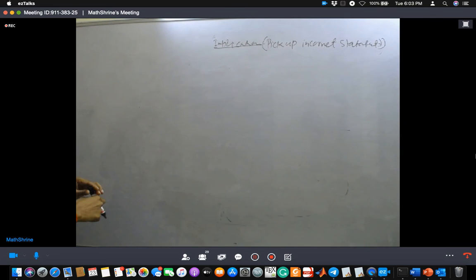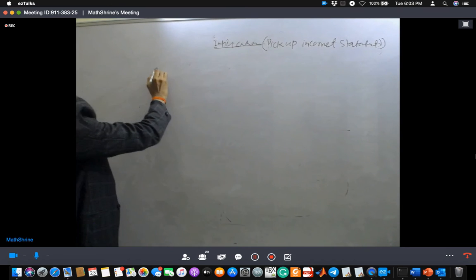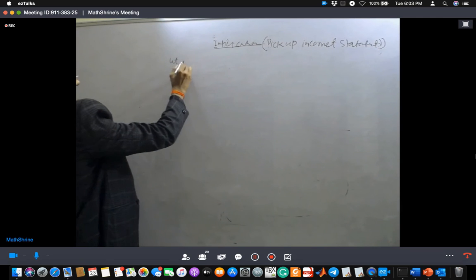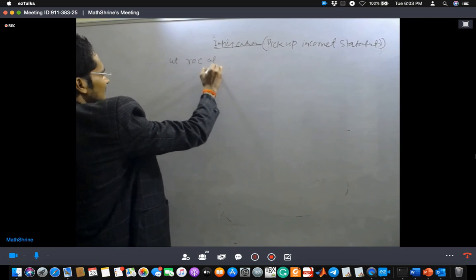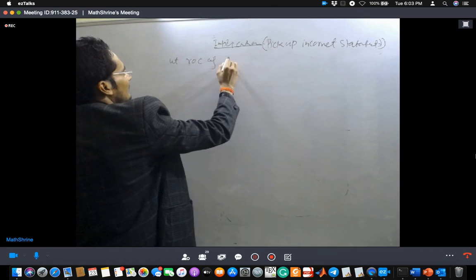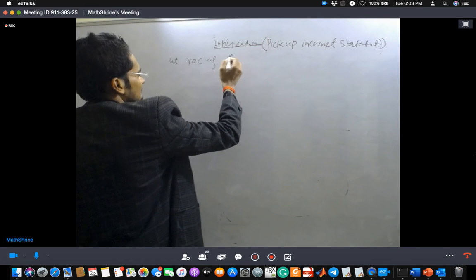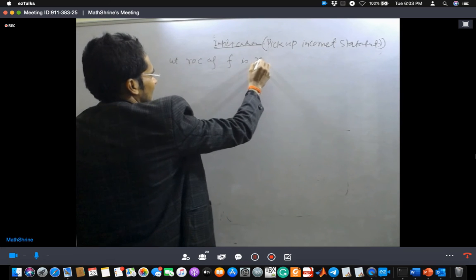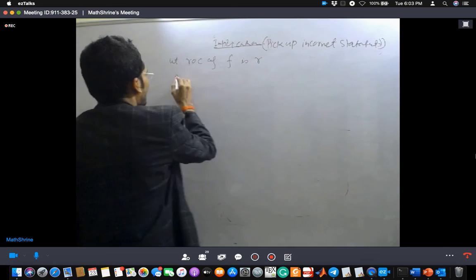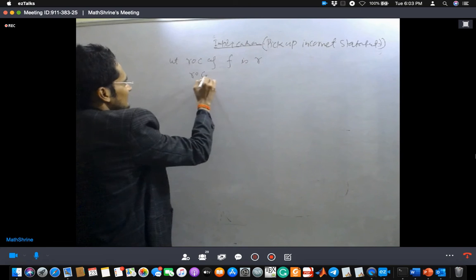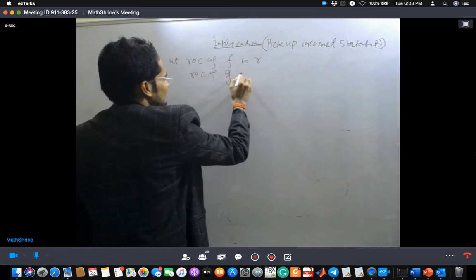Let the radius of convergence of an analytic function f be r1. Also, the radius of convergence of another function g is r2.